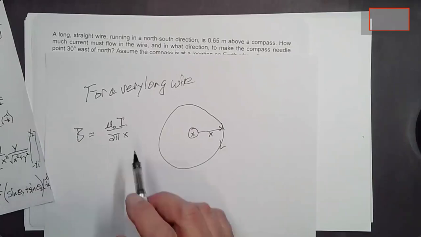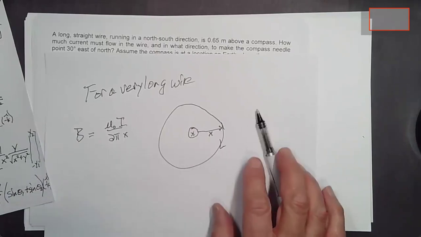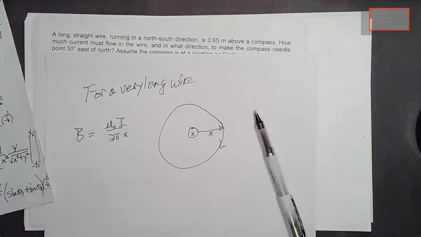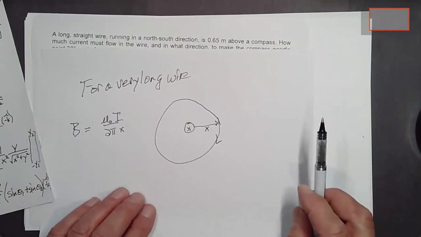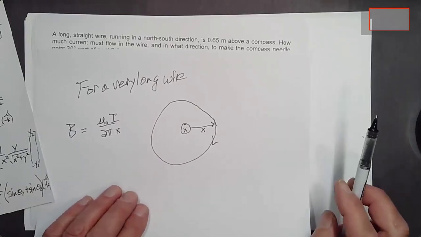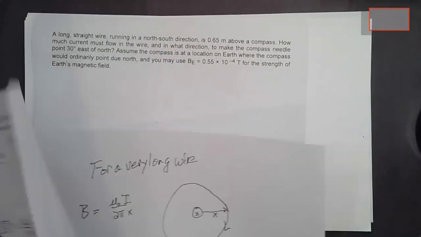So it drops off with 1 over the distance from the wire, and not like 1 over x squared, because we're imagining an infinitely long wire, or close to a wire that's not infinite, but something else. Okay, let's try another problem.